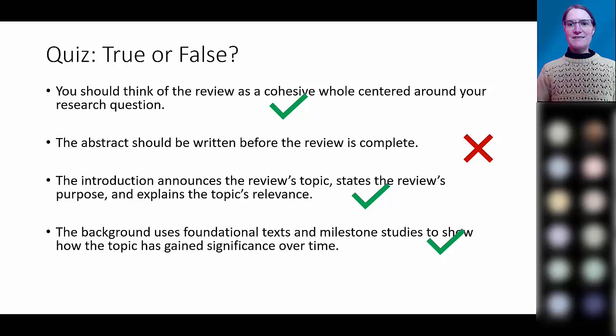I'm seeing lots of T's. That's correct. It's true. How about the abstract should be written before the review is complete? Okay, seeing some F's. And you're right, that's false. You'll have to wait until after you've written your review to know how to summarize it.